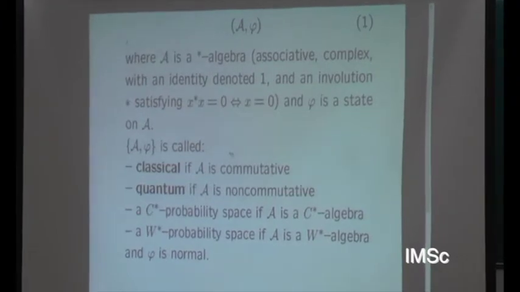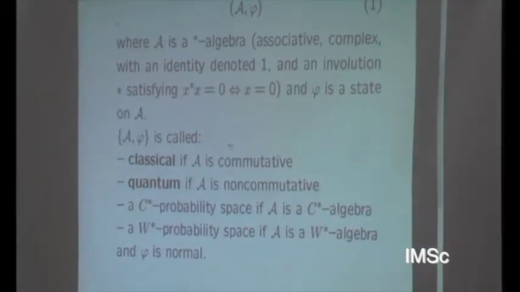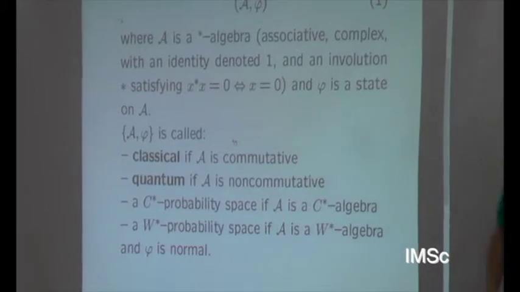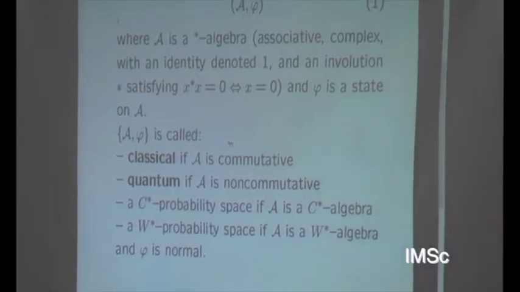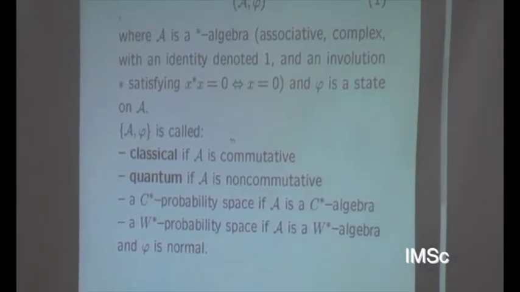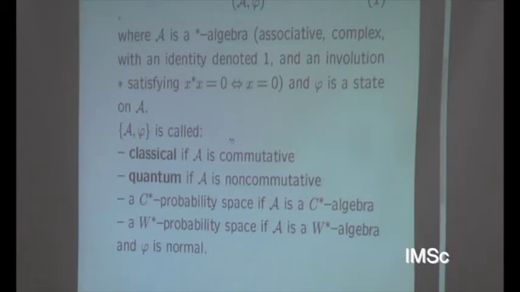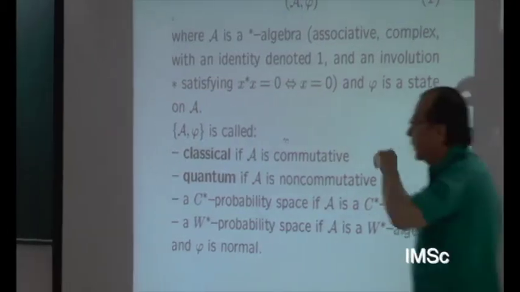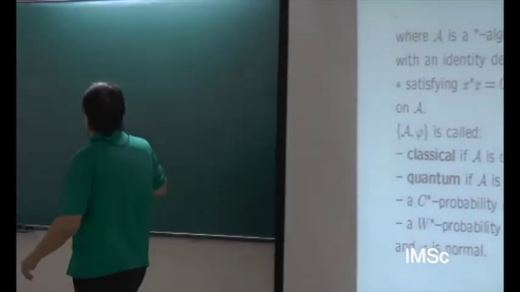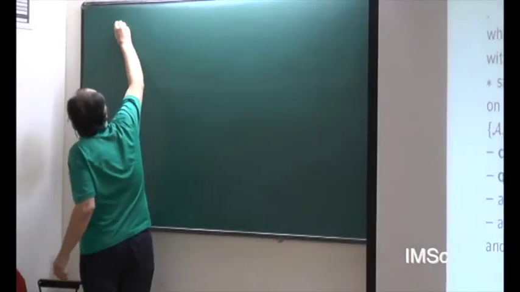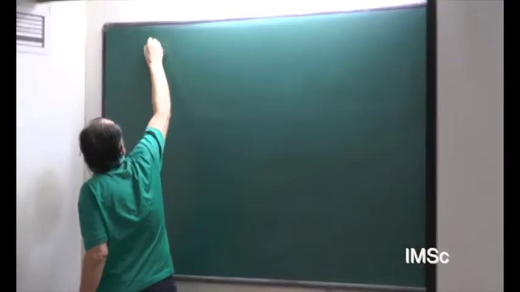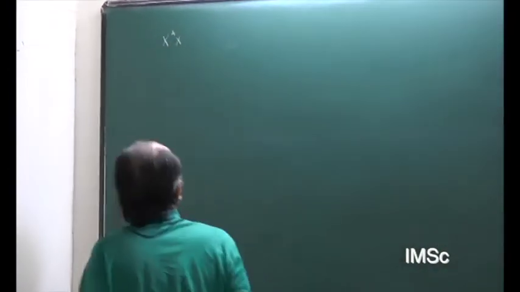Remember, the positive elements of a star algebra are the sums of elements of the form x star x, and if the star algebra is topological, also the closures of such elements, and the limits of such elements.